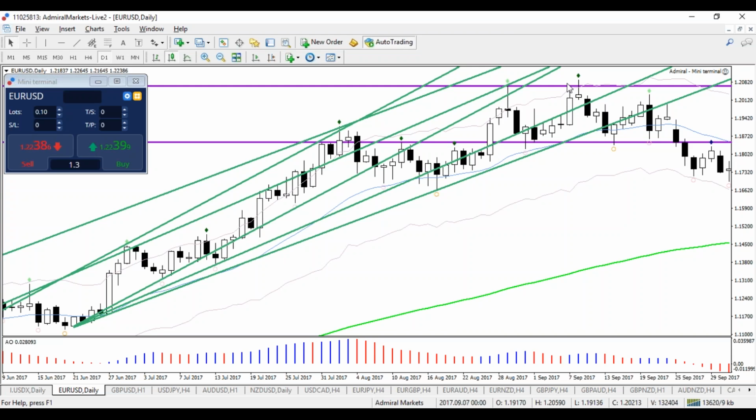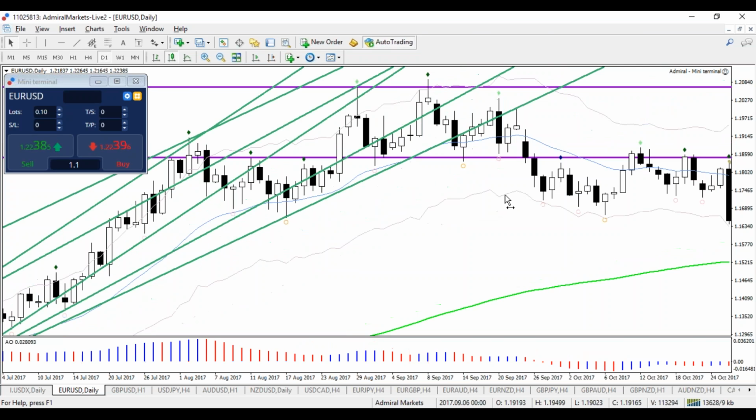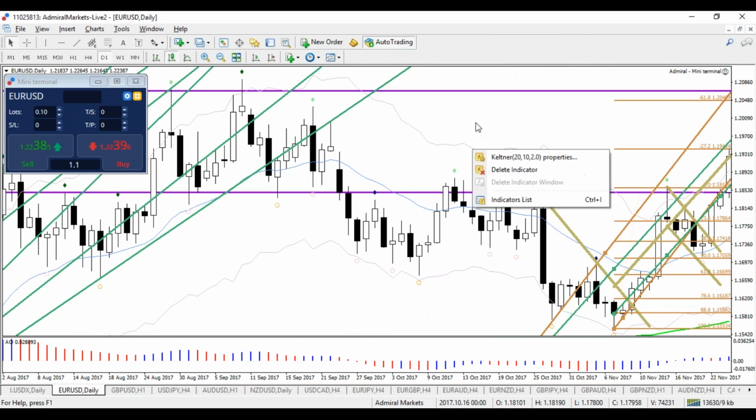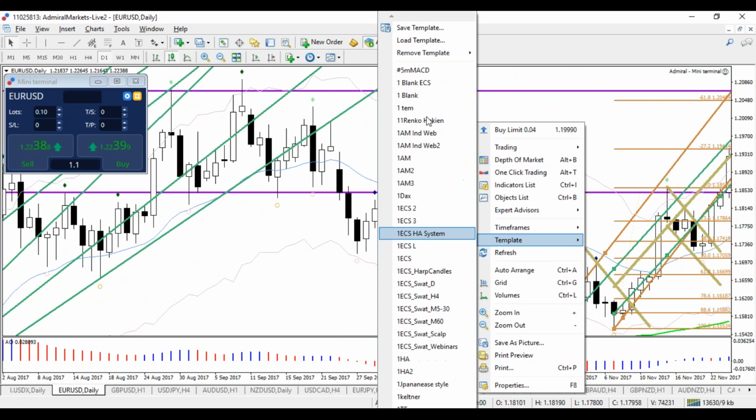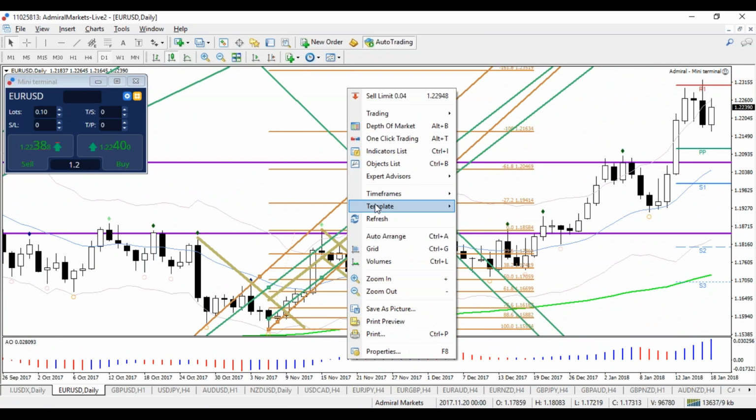Basically, trend lines can be used in various ways. So let me renew this template a little bit.